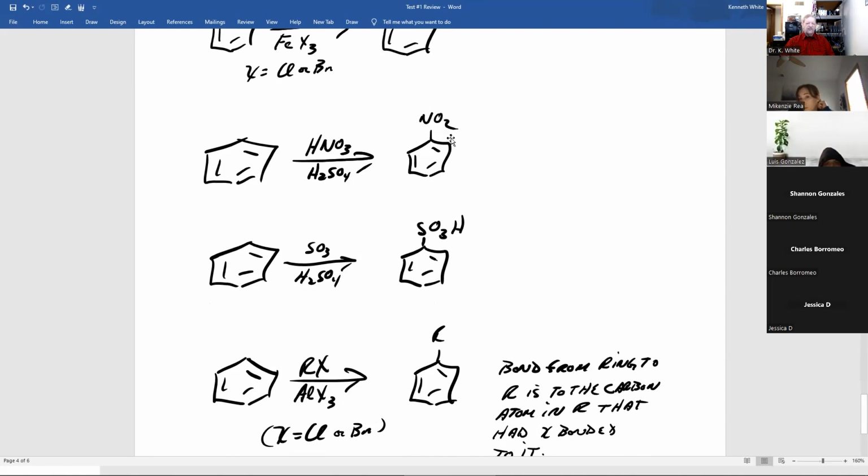No, it's NO2. Nitro group is NO2. Next, if you take sulfur trioxide and sulfuric acid, which is H plus catalyst, you'll sulfonate it. Put a sulfonic acid group on there, SO3H. And this is the only reaction I can ask, because again, I'm not doing directors.